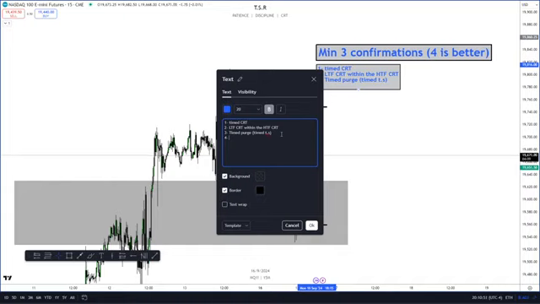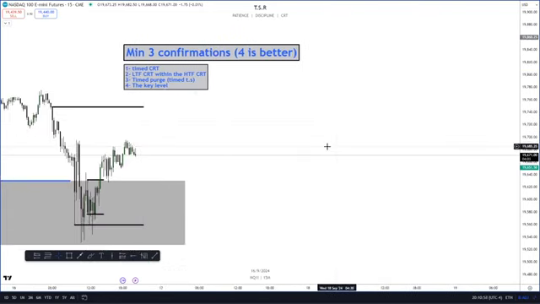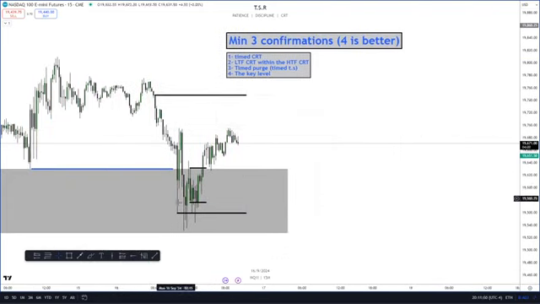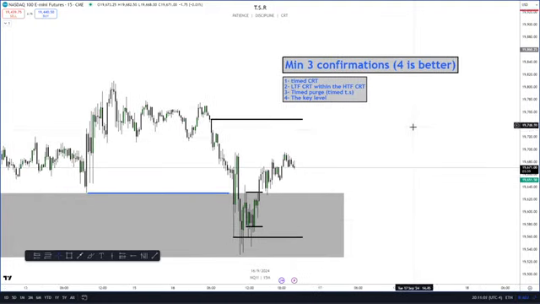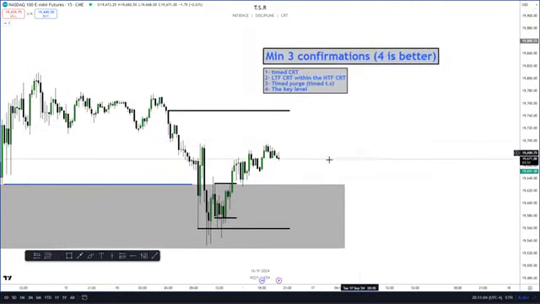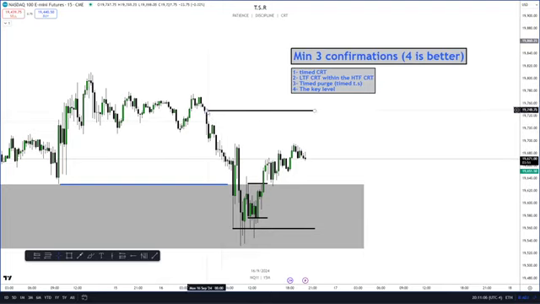Confirmation number 4, the key level. All right, we have 4 confirmations here. An entry long below right here, targeting the opposing end of the range. Now, we have the 4-hour CRT formed as we were hitting the key level. This is one way that you can use the CRT.